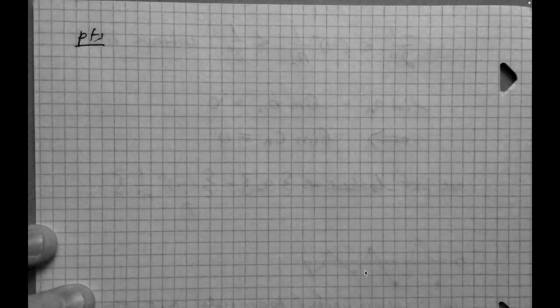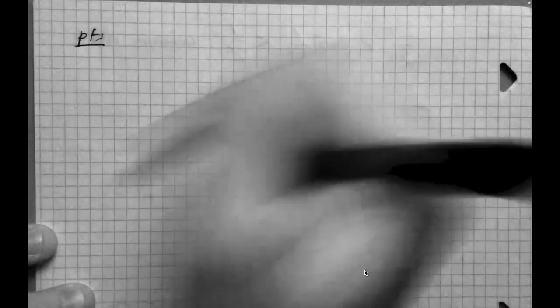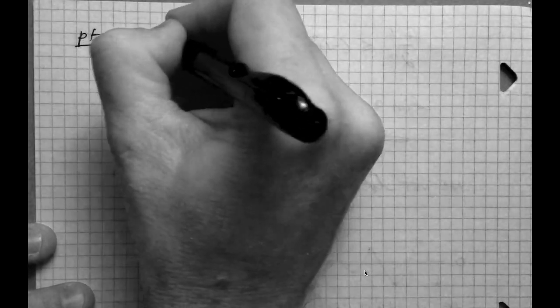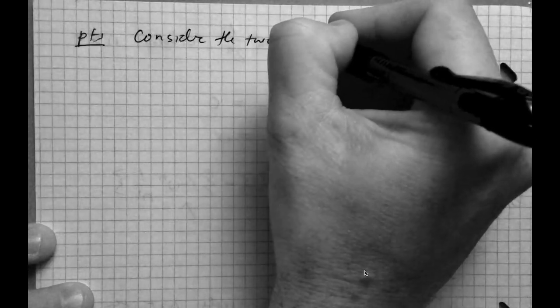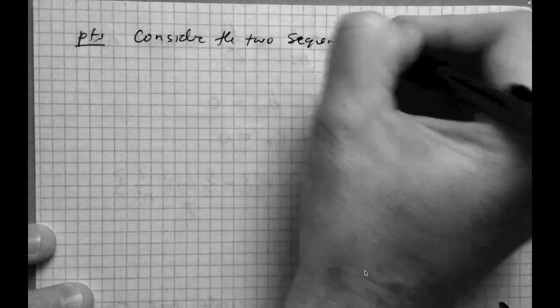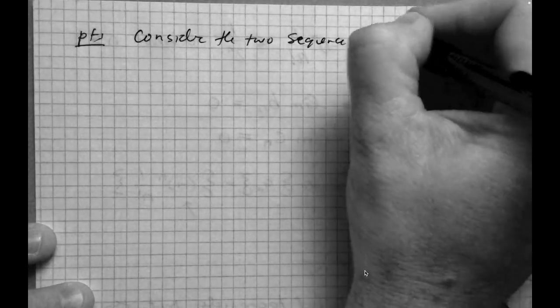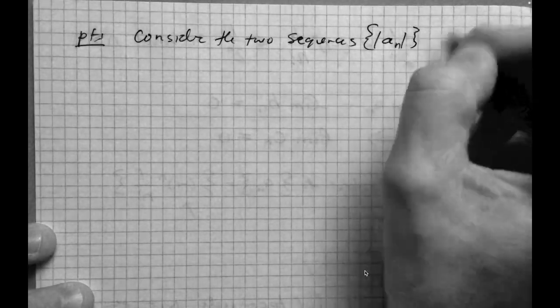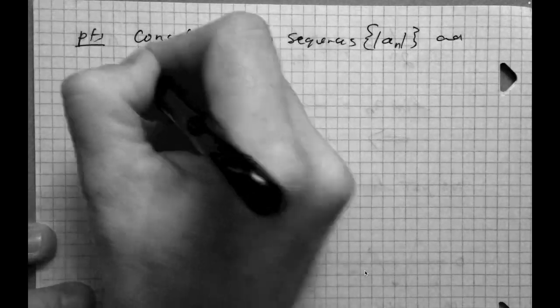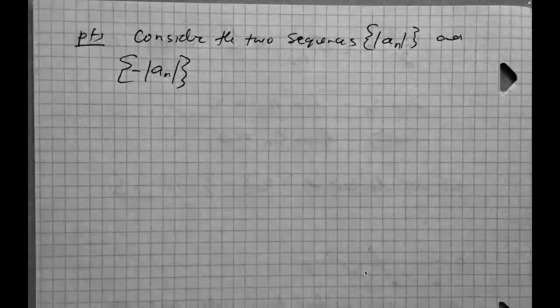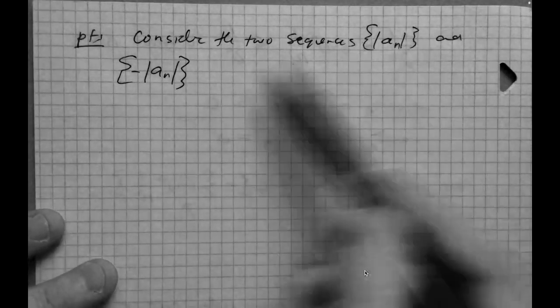We've got this base sequence a of n, which maybe has this oscillating characteristic. Let's consider the two sequences: the absolute value of a of n, and the negative absolute value of a of n.